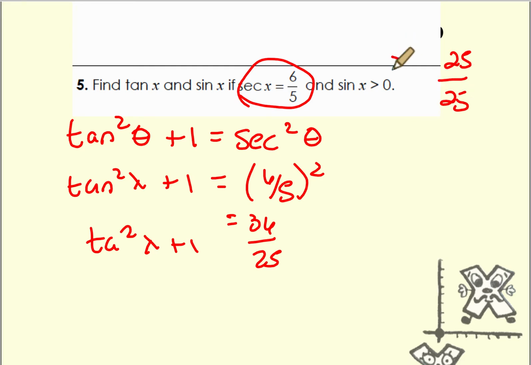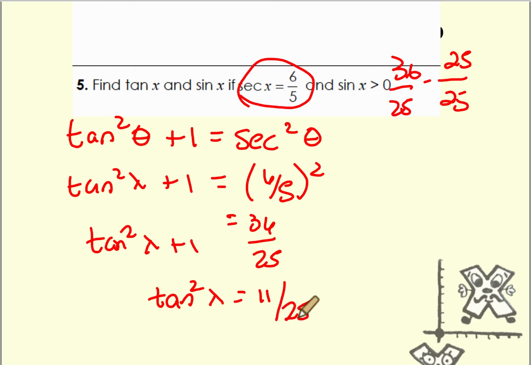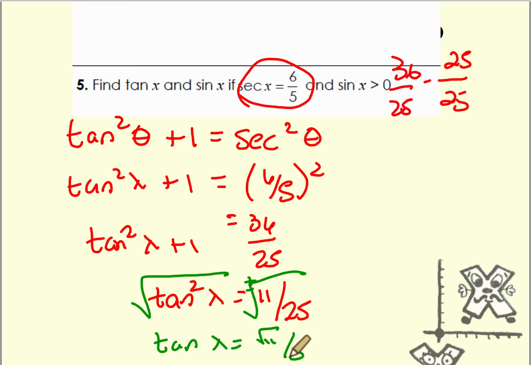So if I go 36 over 25 minus 1, I get that the square of the tangent is 11 over 25. And the last thing, of course, remember, square root both sides, plus or minus, and I get that the tangent is the square root of 11 over 5.